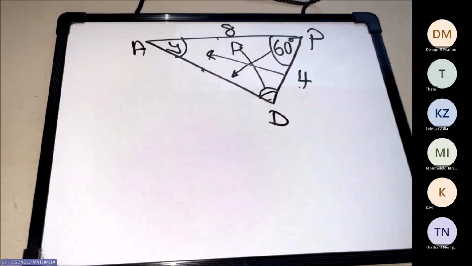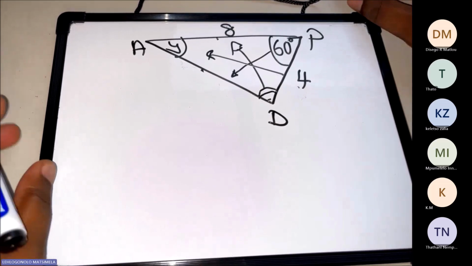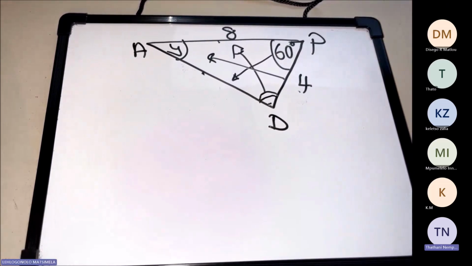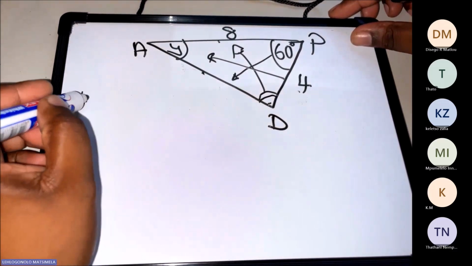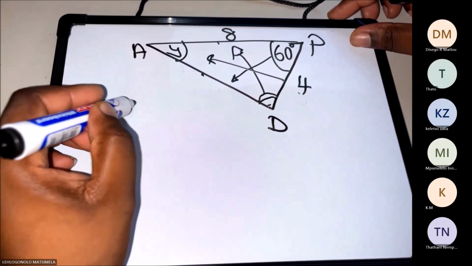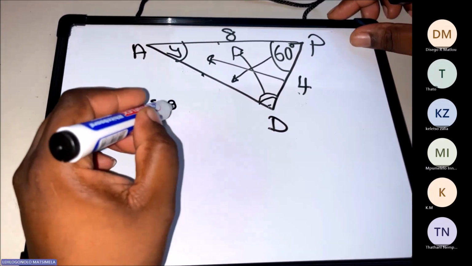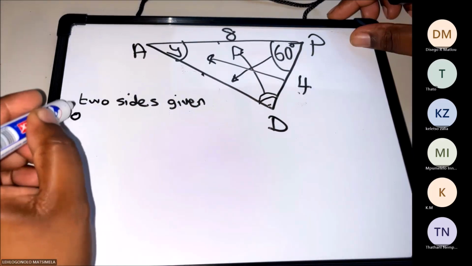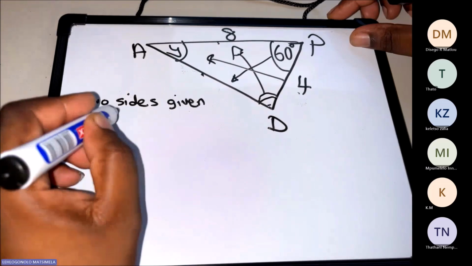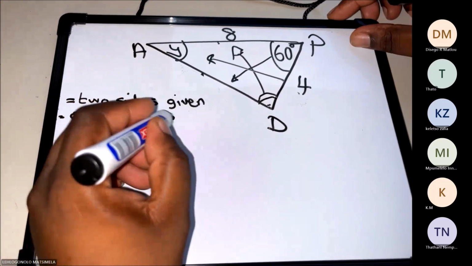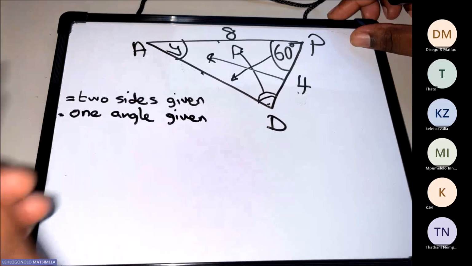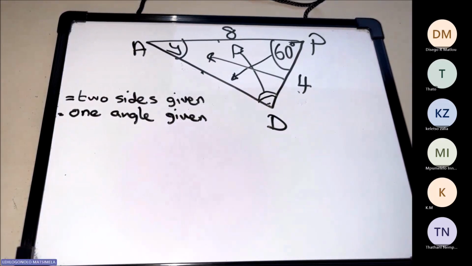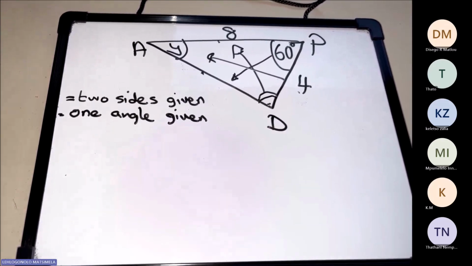I'll simply go to the formula straight. I won't show how we derive the formula, because they won't ask you to prove the formula. Now, here on this one, the aim is to find the side. Two sides given, one angle given. You can see that the statements are the same as the sine rule one, but this one changes.